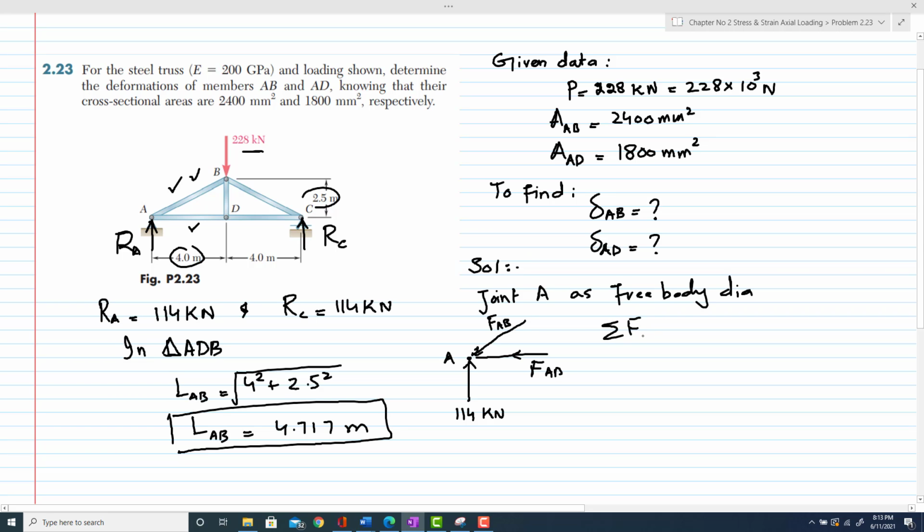The sum of all forces along the y direction must be equal to 0, taking the upward direction as positive. Now you can see there are two vertical forces.